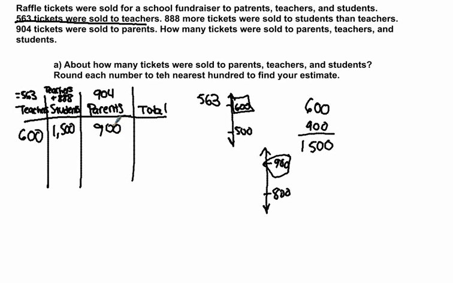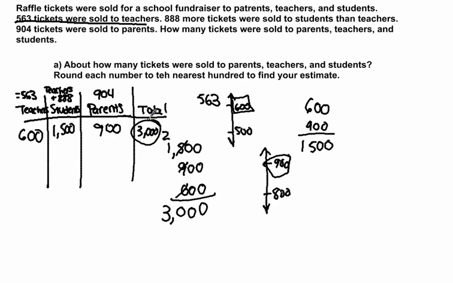And the total would be adding these all together. 9 plus 5 is 14, plus 6 is 20. So altogether, there were about 3,000 raffle tickets sold.